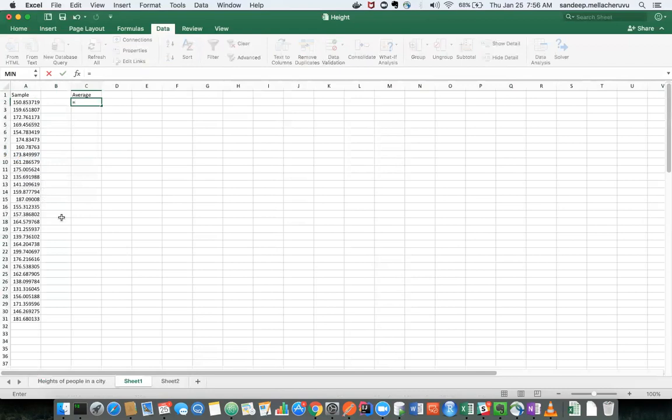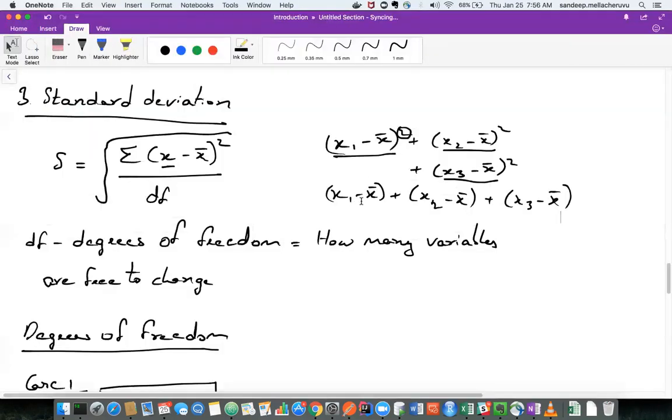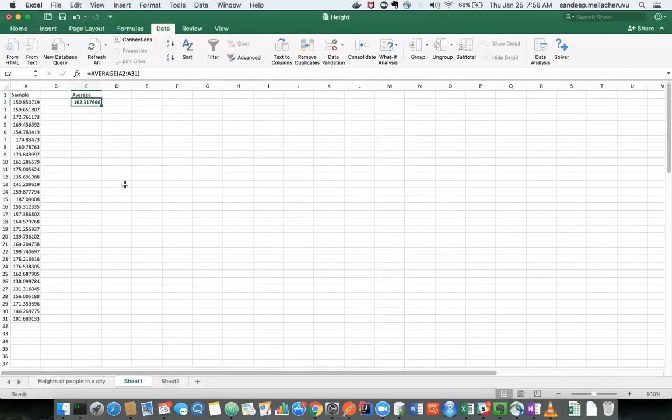What is the average? The average of all these values. So this is my average, right? All I'm supposed to do is subtract every data point from the average. That's what x1 minus x bar, x2 minus x bar means. Yes, Sandeep.